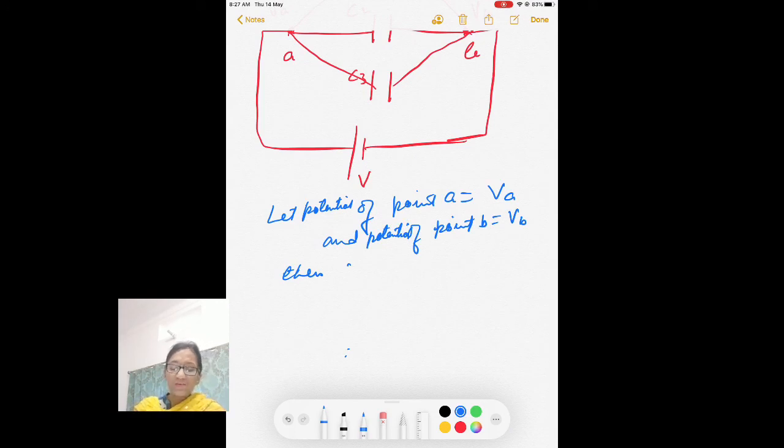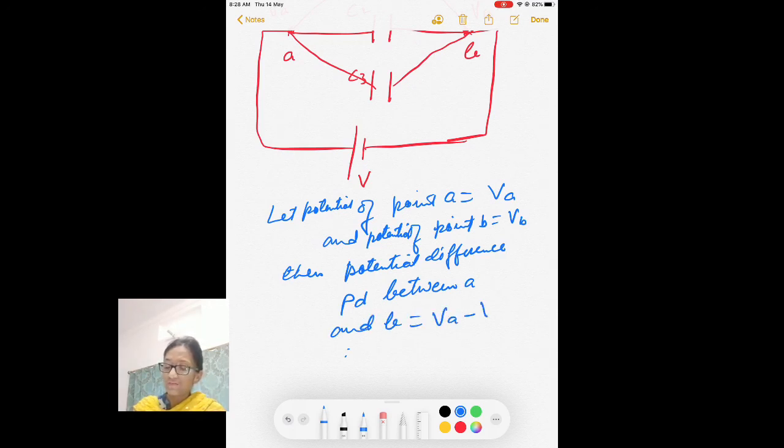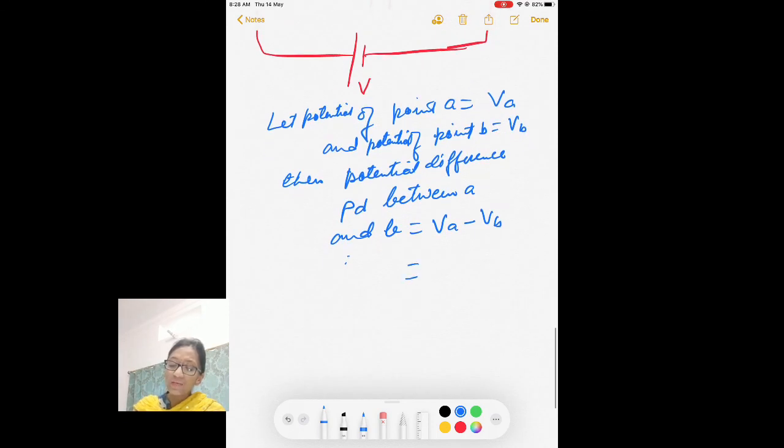Now you will find the potential difference. The potential difference between A and B is equal to VA minus VB, and this must be equal to the potential difference V supplied by the battery.